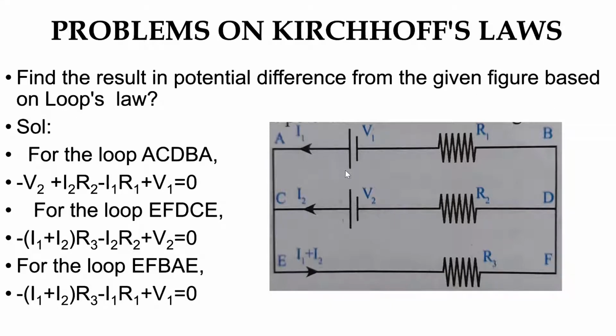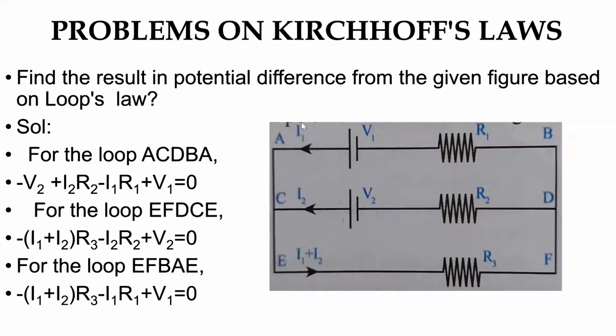Across V1, the EMF is taken as positive. Why? Because we are moving across the battery from negative terminal to positive terminal. Whereas across V2, we are seeing that it is taken as negative. Why? Because we are moving from positive terminal to negative terminal, right?